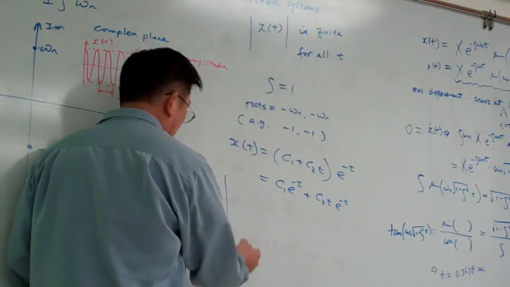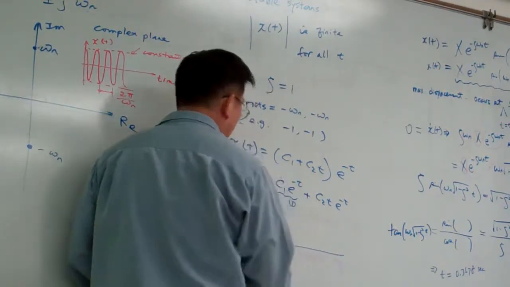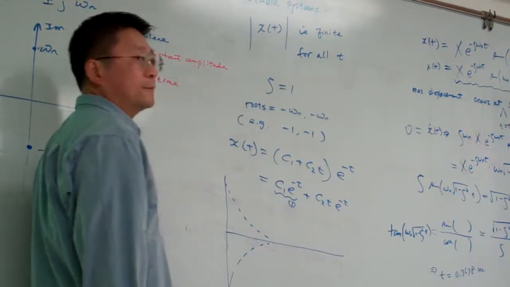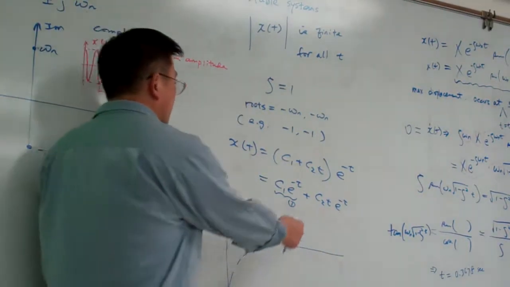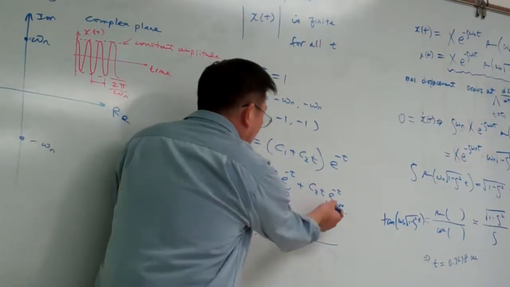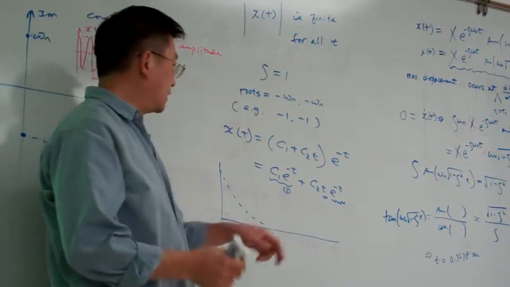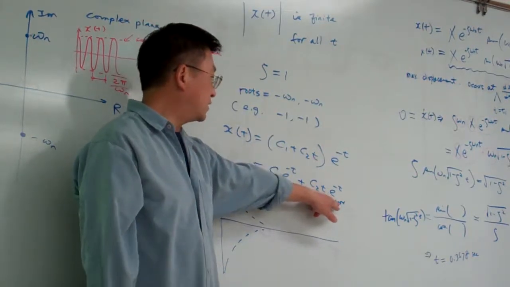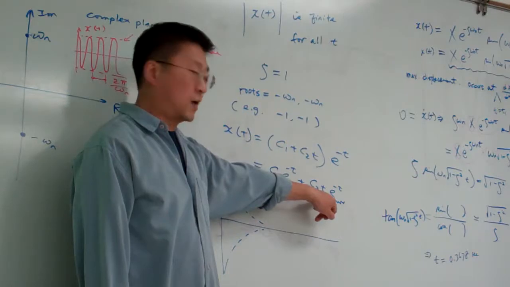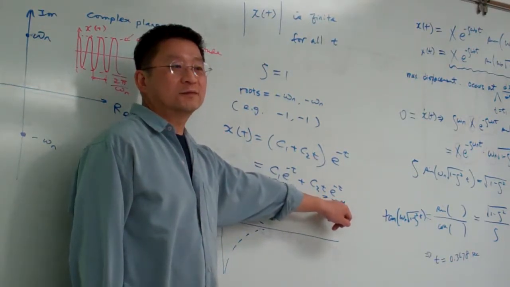Then let me draw the two parts together. Let me call this part 1. Part 1 is basically the exponential decay. The second part is exponential decaying multiplied by a linear increase. This is a linear function, this is a decaying exponential function. One is increasing over time, the other is decreasing over time. Which rate is faster?